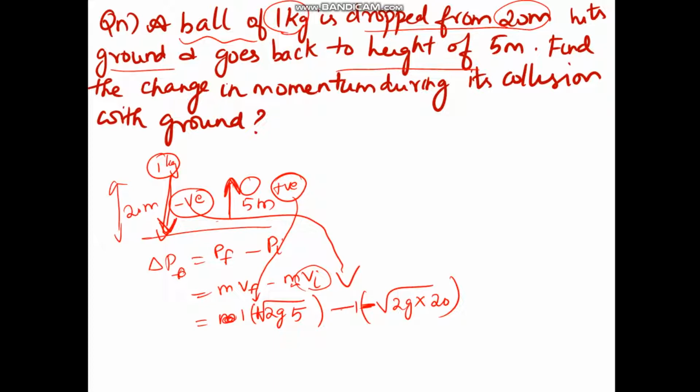So minus and minus gets plus. Take g equal to 10, the answer comes out to be 30 newton second. That is the change in momentum or the impulse imparted.